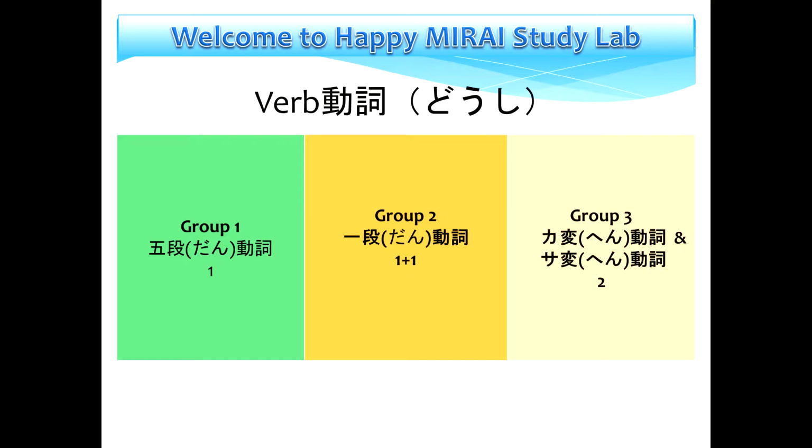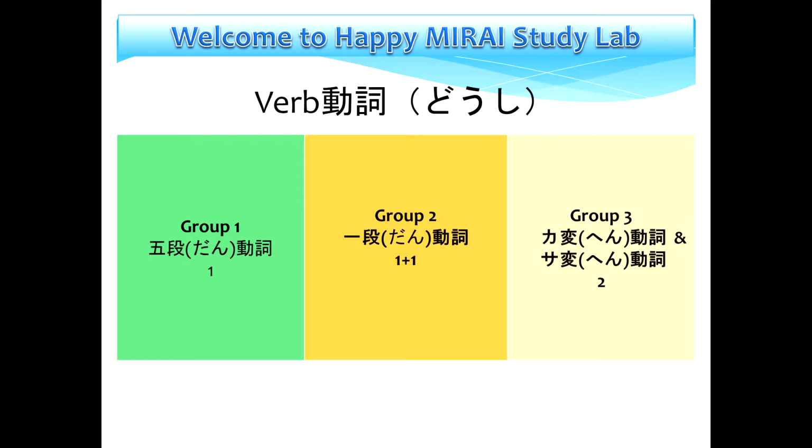For Japanese verbs, verb is doshi, okay? When I say there are 3 types, it's because in a lot of foreign textbooks, they group them into 3 types, which I wrote on the screen here: group 1, group 2, and group 3.